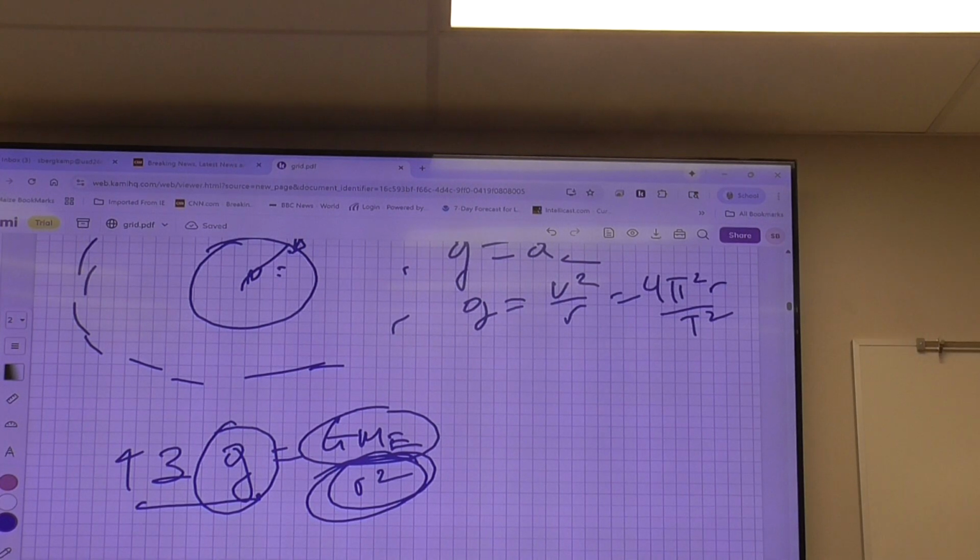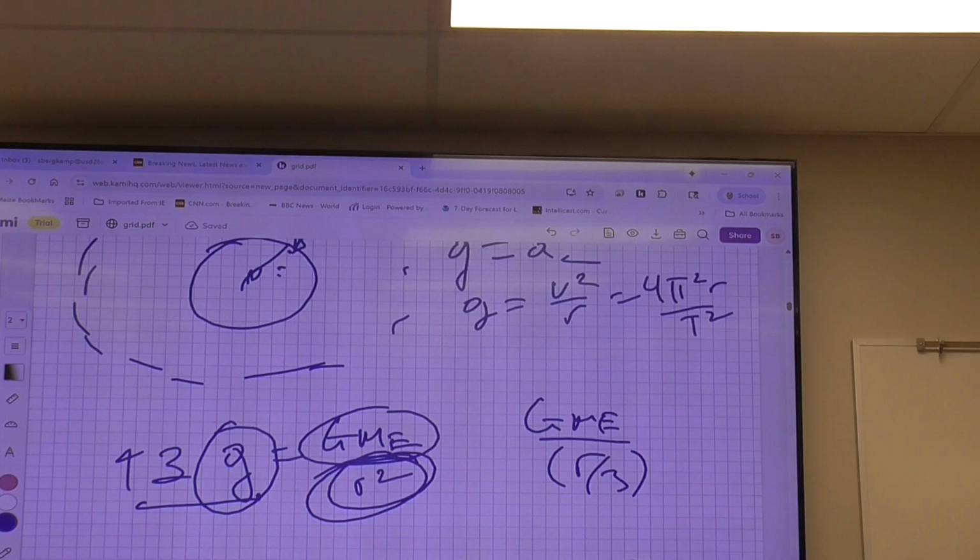Okay? Now, if it was just r, not r squared, it was just r, what would I do to the radius to make g go up by a factor of 3? Divide r by 3. I shrink the radius by 3. Okay? It's squared.